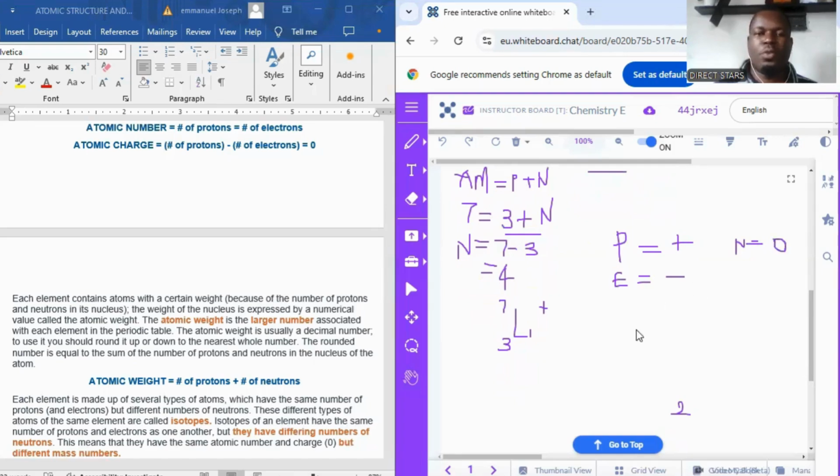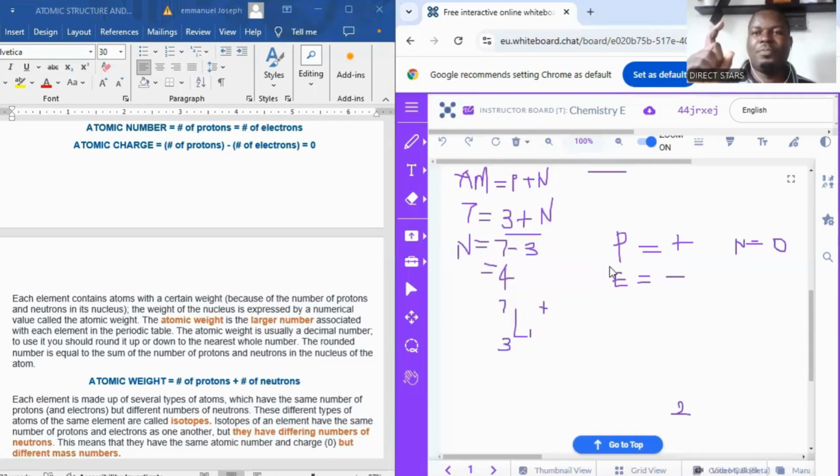So when you want to tell the number of protons and electrons in a charged particle like this, which is known as an ion, a lithium ion, we simply say the proton will remain the same. It's the electron that determines the charge. If you have excess electrons, the ion will be negatively charged.